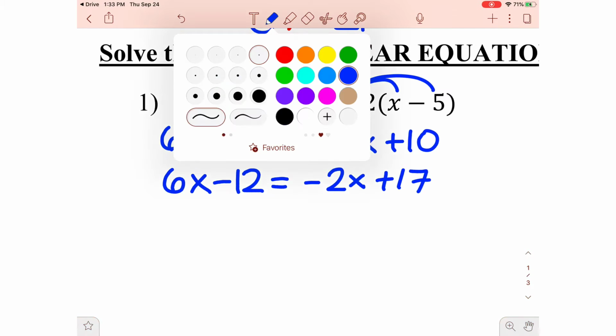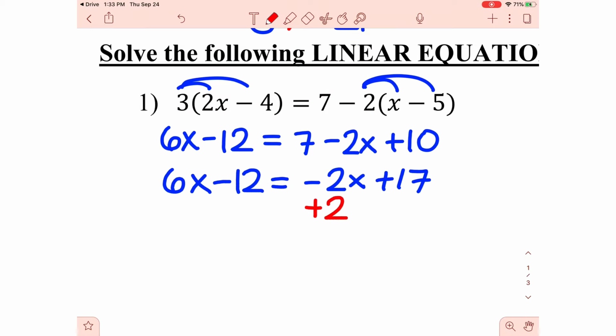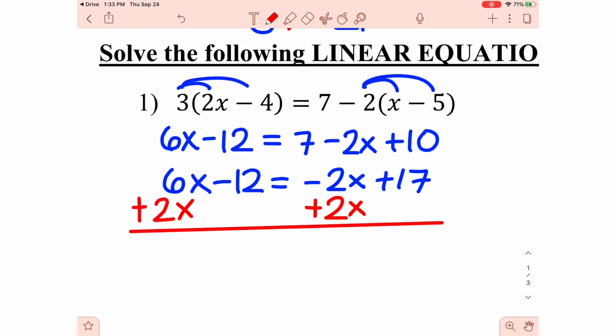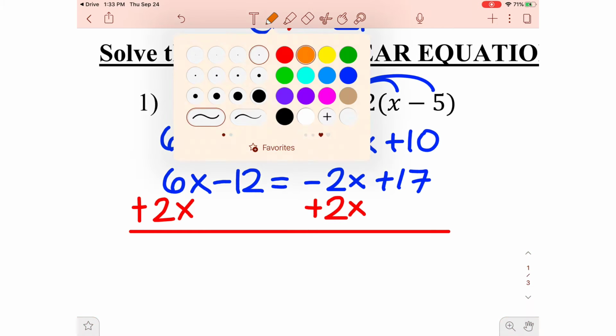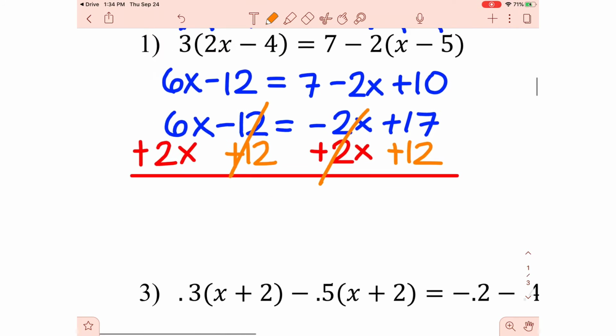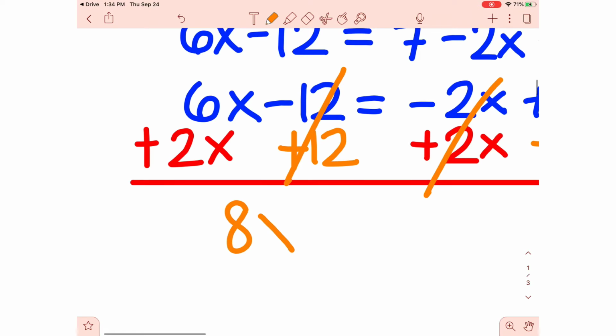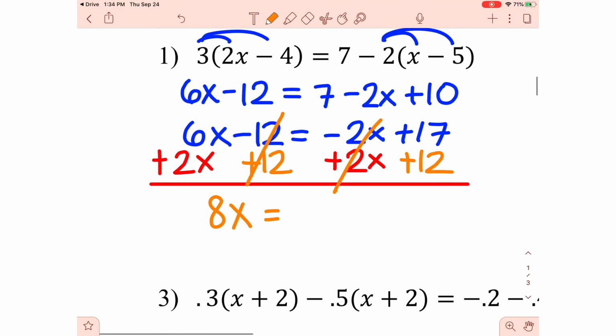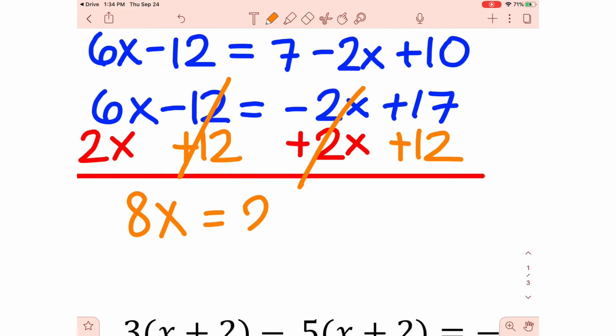And you guys know how to solve from here. I'm going to add 2x to the left. And since we're in Algebra 2, I'm going to do it this way. I'm going to simultaneously add 12 to the right. All right, I get 8x equals 17 and 12 is 29.